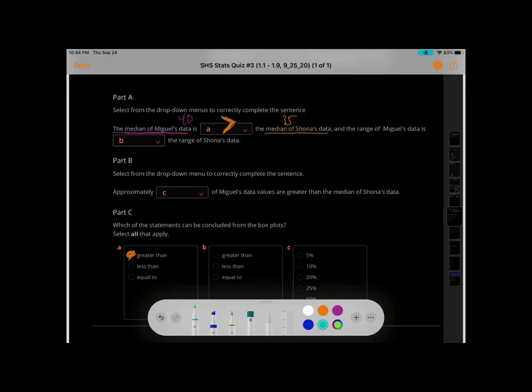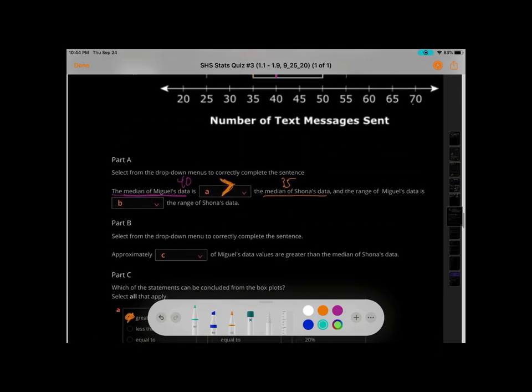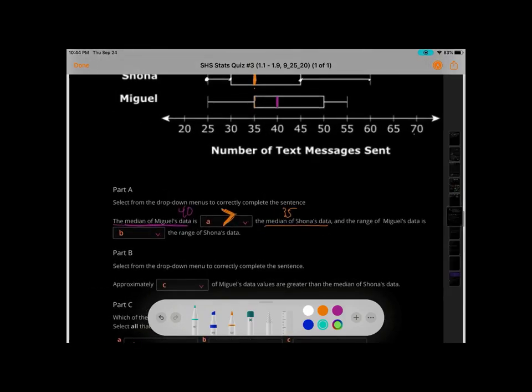And okay, here's the second part. And the range of Miguel. So Miguel has a range of a minimum and a maximum. So max minus the min for Miguel is going to be 55 minus 25, which is going to give us an answer of 30.